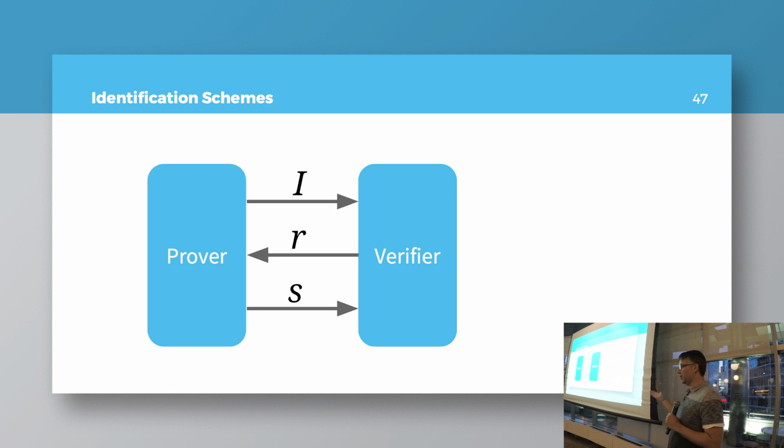Now this isn't useful for what you want to do with Bitcoin or Ethereum, because what we want there is a non-interactive protocol where essentially you create a message to purchase a cup of coffee using Bitcoin, and you want to sign that transaction that gives the coffee shop your Bitcoin, and you don't want to have a conversation with them.